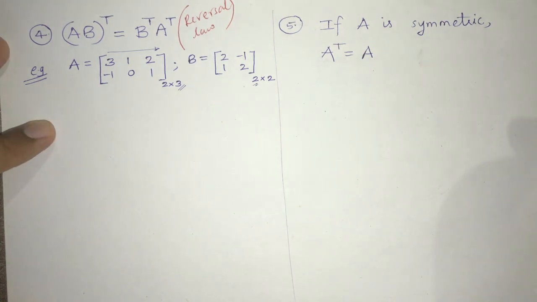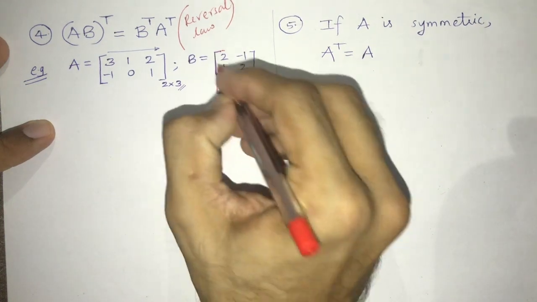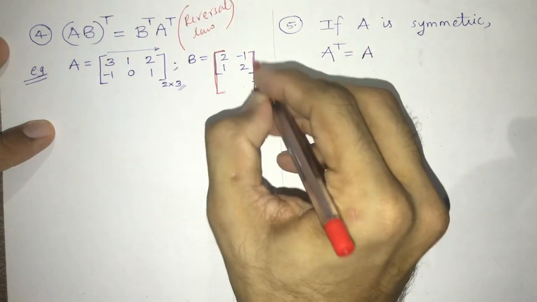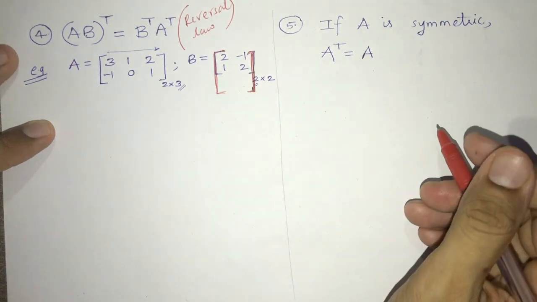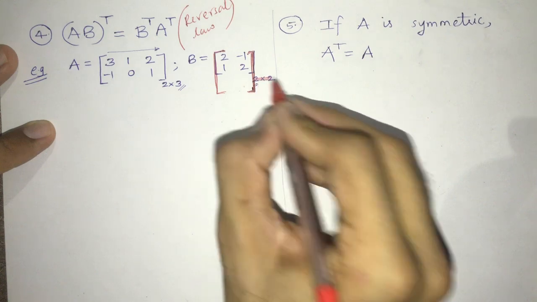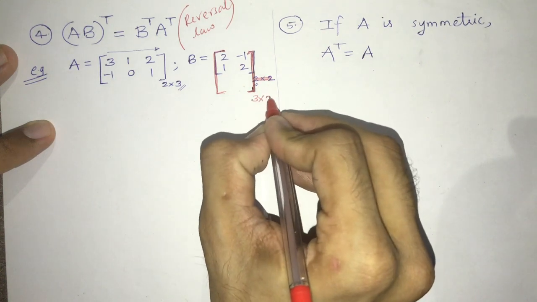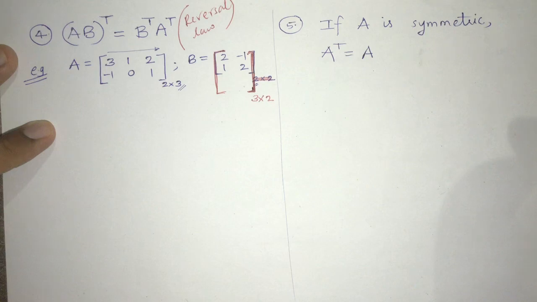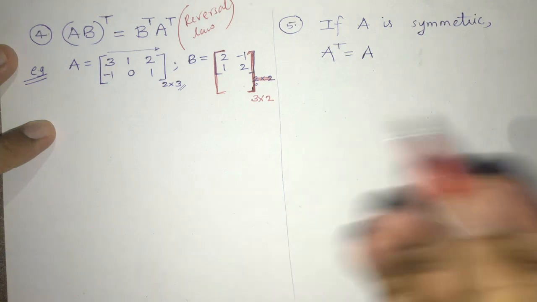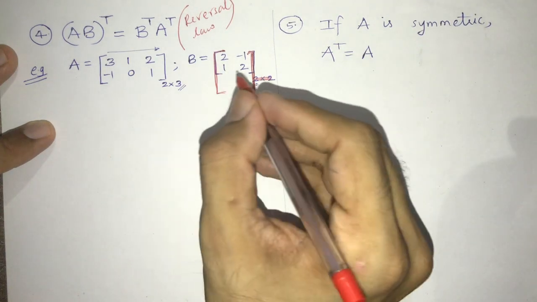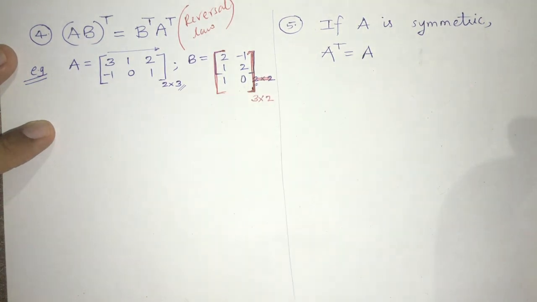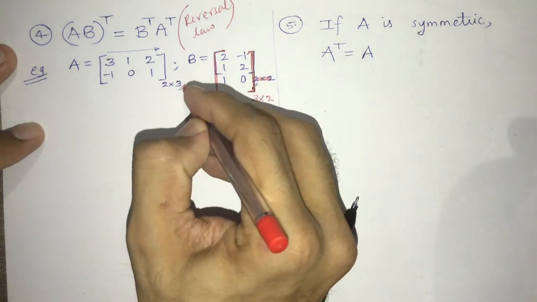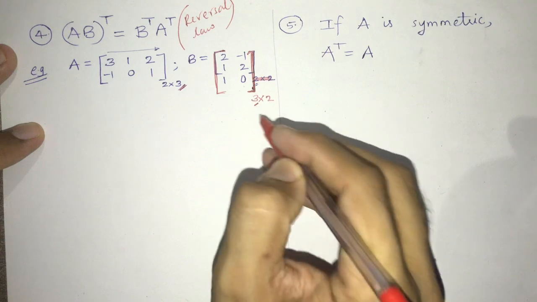So what we'll have to do is take one more row. We are going to make the correction in the example taken. Here we will have to take 3 rows 2 columns: 2 minus 1 1 2, and then let us take the 2 extra elements as 1 0. Now if you see, the number of columns here matches the number of rows here.